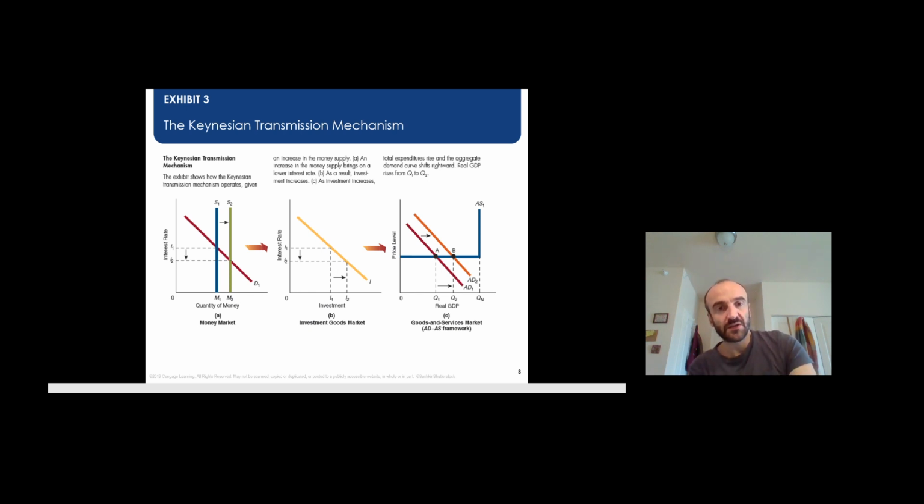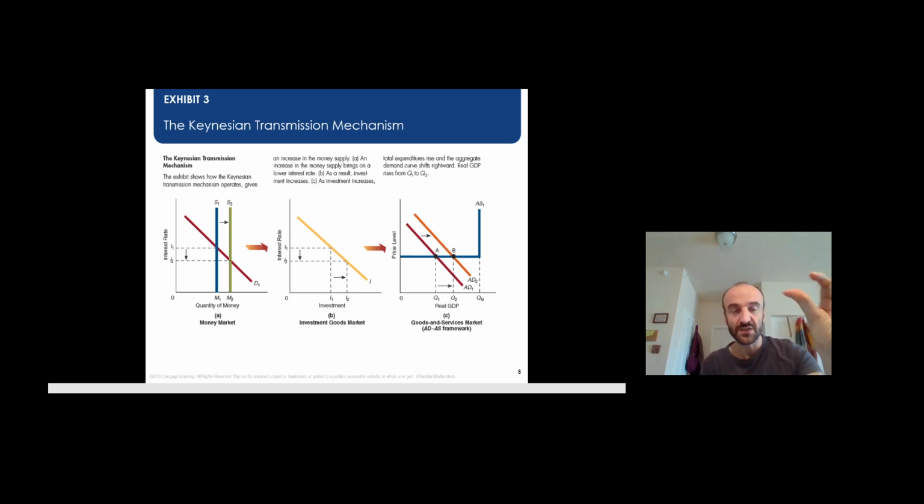So you see the basic supply-demand framework, interest rate on the vertical axis, quantity of money on the horizontal, equilibrium interest rate I1, and then you shift the supply curve to the right, you increase the money supply. What happens as a consequence of that? The interest rate drops. The new equilibrium point is lower, interest rate drops, and quantity of money increases. So that's the first step.